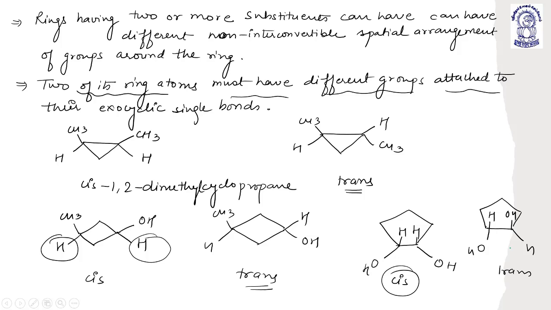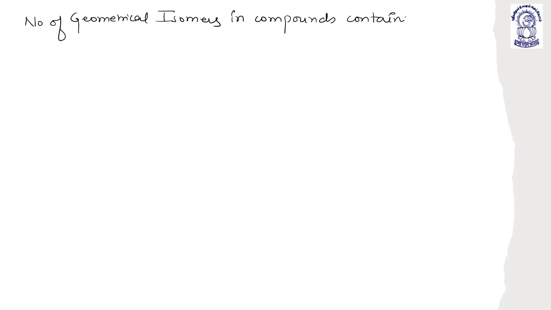Now, to find out the number of geometrical isomers in polyenes, that is, the number of geometrical isomers in compounds containing more than one carbon-carbon double bond.